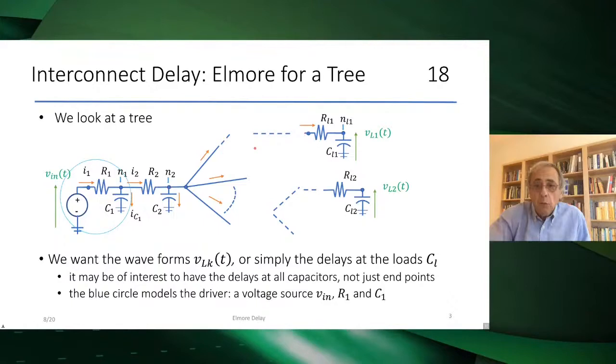So a few things. Remember, we're dealing only with a tree, so there is a unique path between the voltage source and any of these endpoints. And the second, we split all the couplings, meaning in reality, and that is more than ever true today, you have significant couplings between wires.